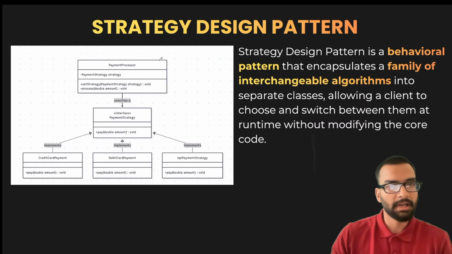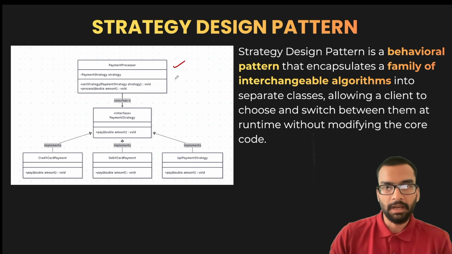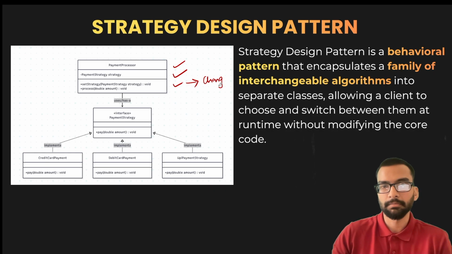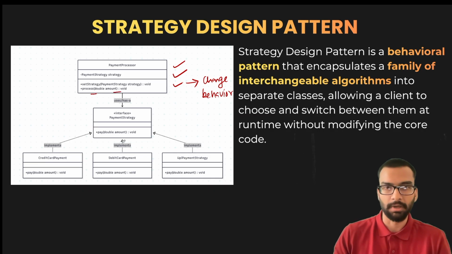Now let's look at the class diagram. It's what we have observed in all the previous slides. We have the payment processor, and the payment processor contains a payment strategy. It's a private data member. Then it has the set strategy. Set strategy is required to change the behavior at runtime, and it has process payment, which will process the payment.